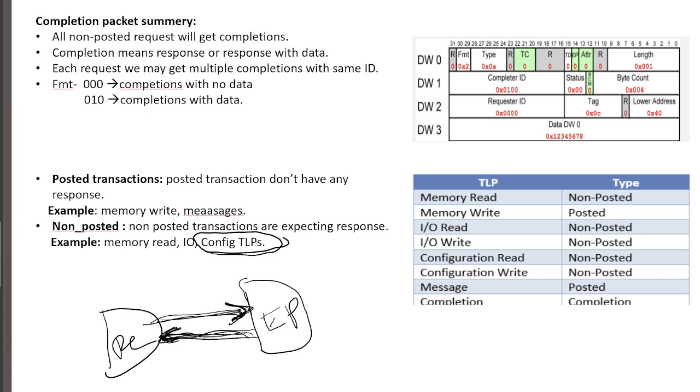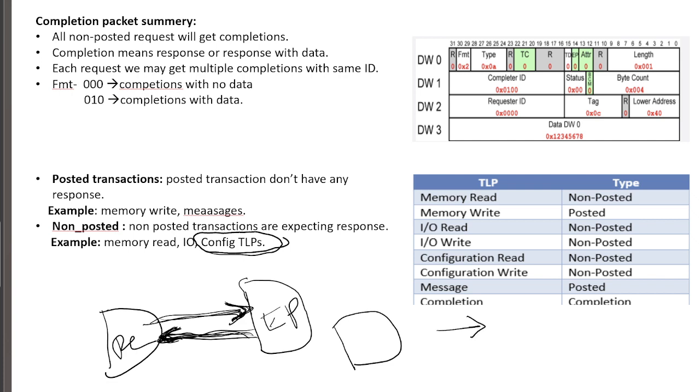So we need to read how the device behaves. What is the meaning of config? Config means using those configuration TLPs, we learn what the device ID is, what device-related specifications there are, what the total available area is, and what files are present. Everything you read from the configuration only.